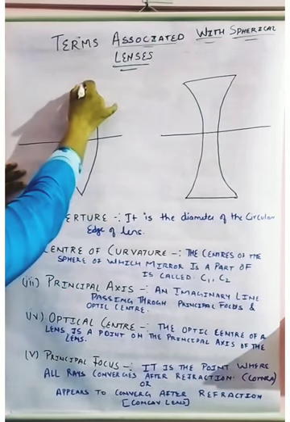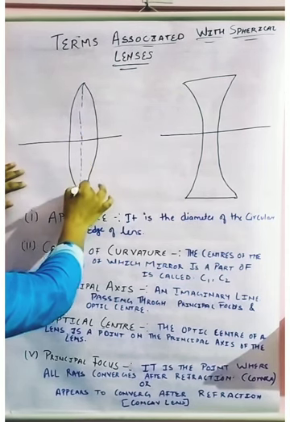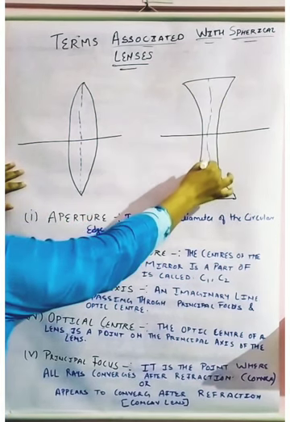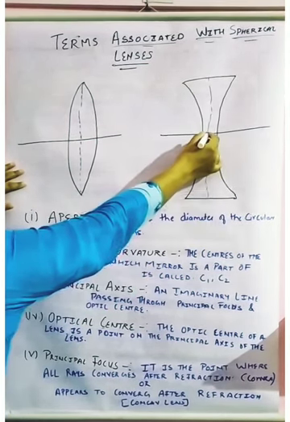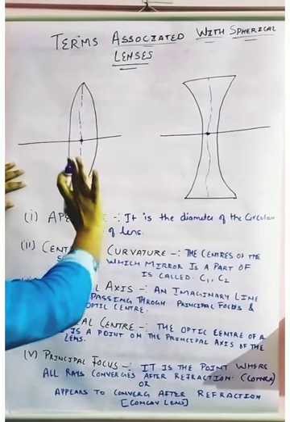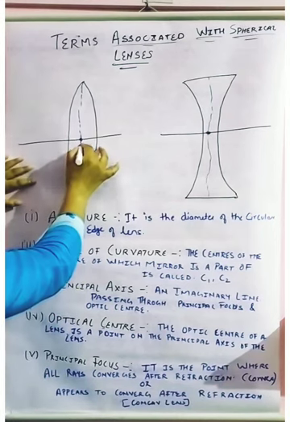First, as you know, the lens is made up of two spherical bodies, right? The center of these lenses is called the optic center.